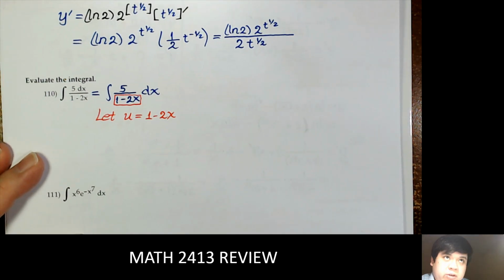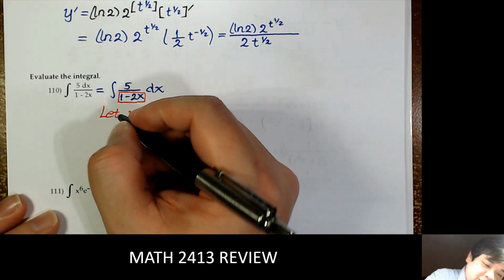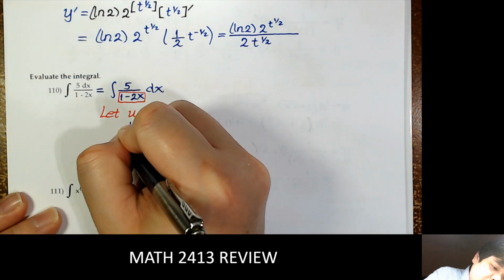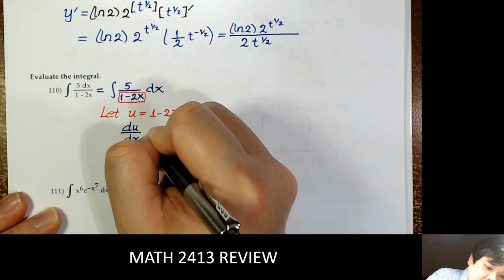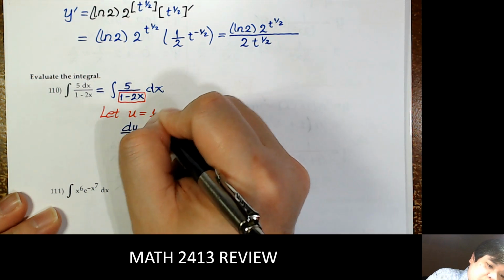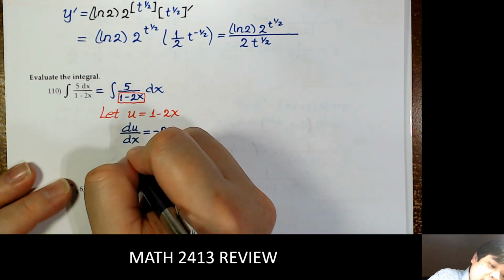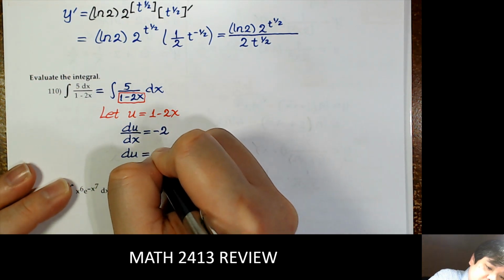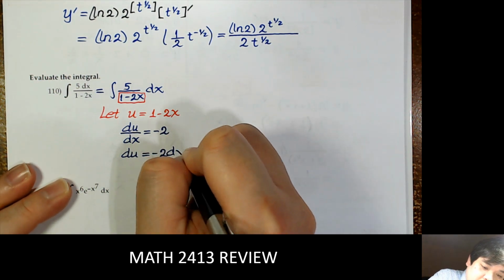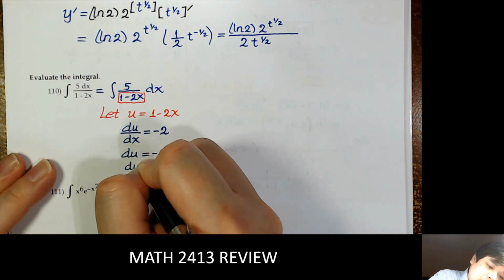And then we take the derivative. du over dx equals the derivative of that, which is negative 2. Multiply the dx, and then divide by negative 2.